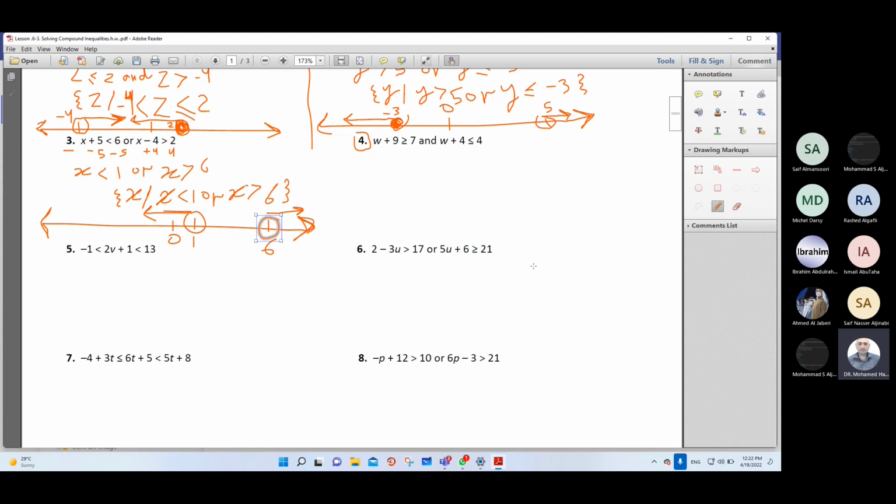Here correct, but why did you switch the sign? Here the inverse, -4 minus 4. So 4 minus 4 will be 0.